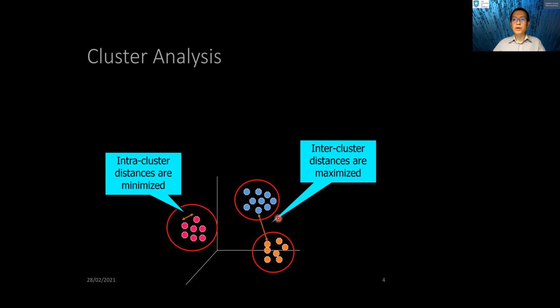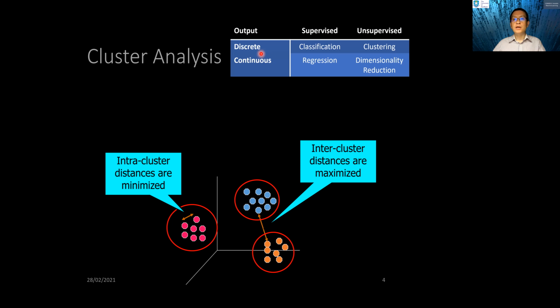And if you recall this table from MLAI, you can identify the relationship between clustering and other problems. We can view clustering as a kind of classification without labeled data.